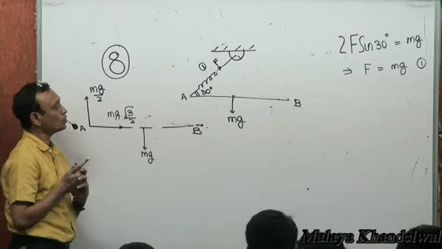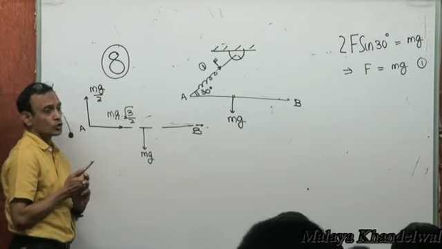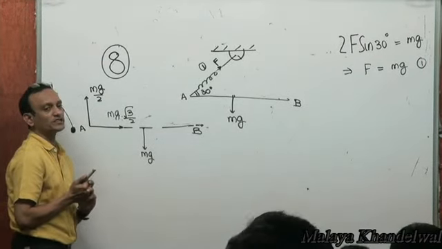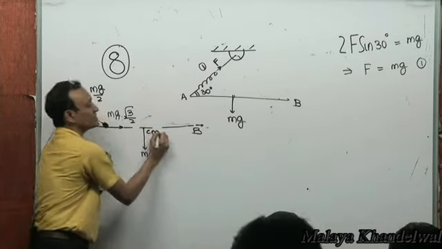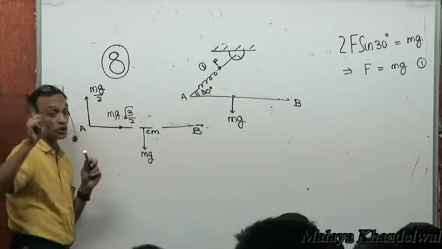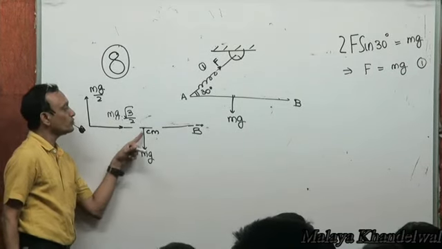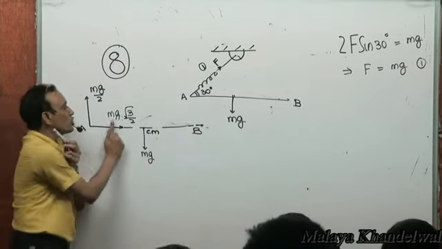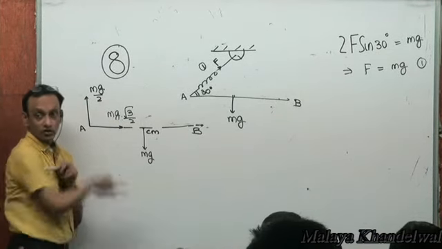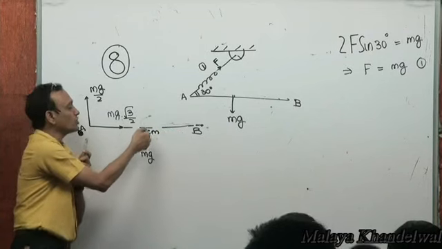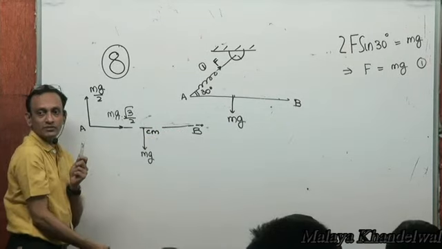Now, what would it result in? First of all, how do you find angular acceleration? Will you take torque about A or B or the center of mass? Center of mass. A is not the instantaneous center. So we'll take torque about the center of mass. What's the torque of mg root 3 by 2 about the center of mass? 0, because its line of action passes through the center of mass. What's the torque of mg about the center of mass? 0.